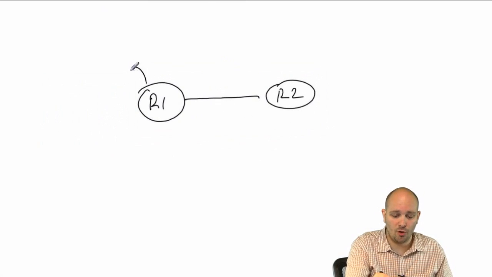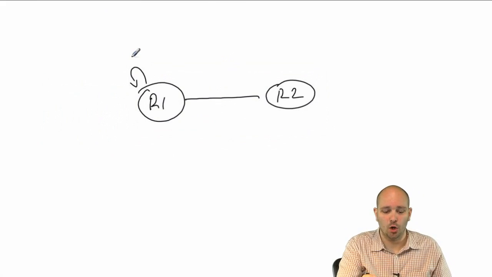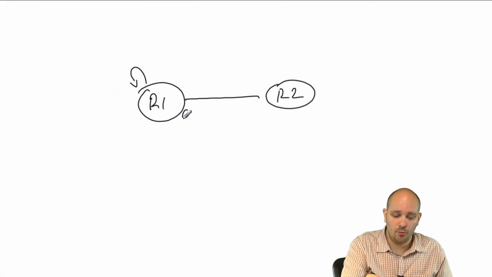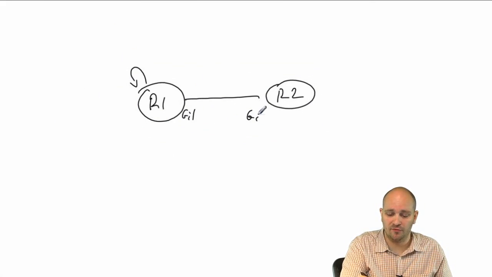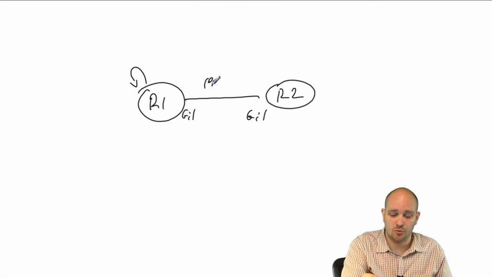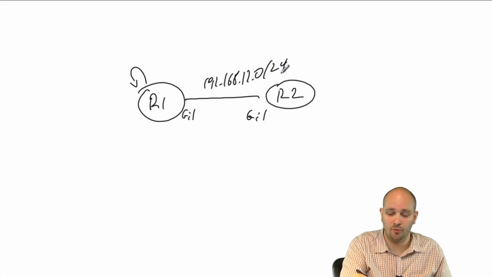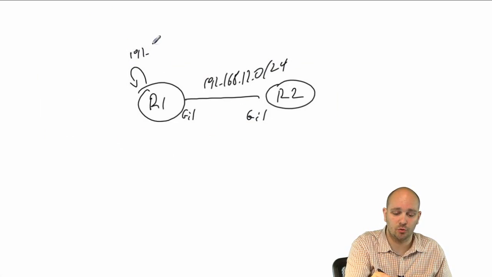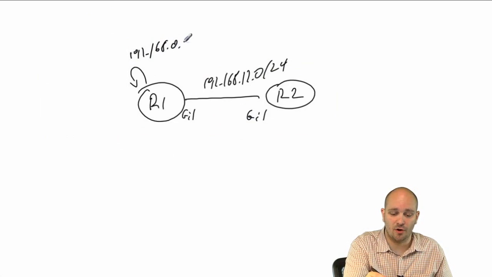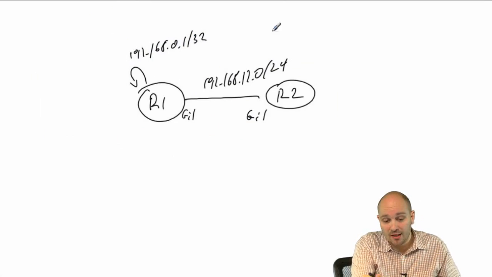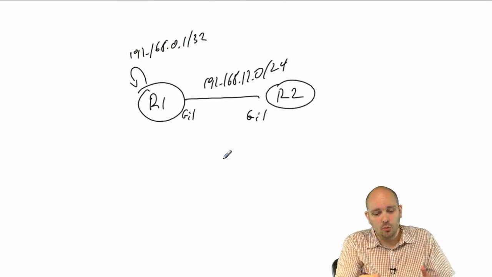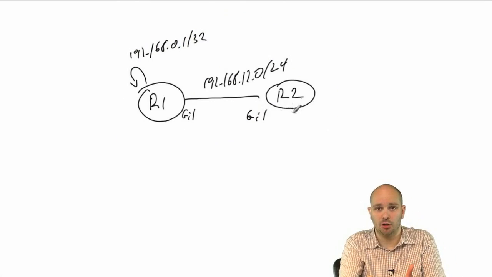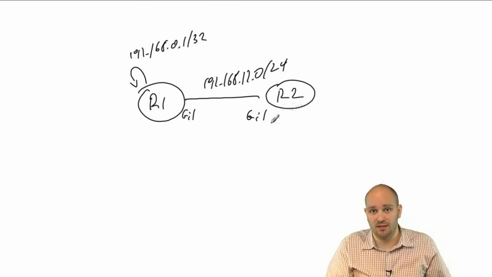And remember, on R1, we have that one loopback interface. So here we have interface gigabit 1, interface gigabit 1, and this is 192.168.12.0/24, and here we have 192.168.0.1/32.